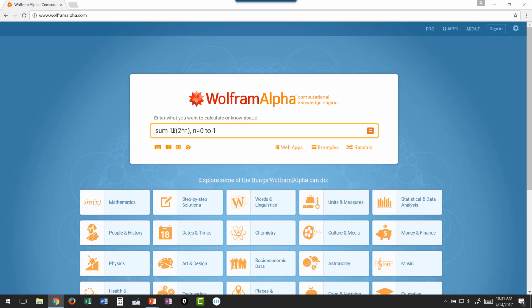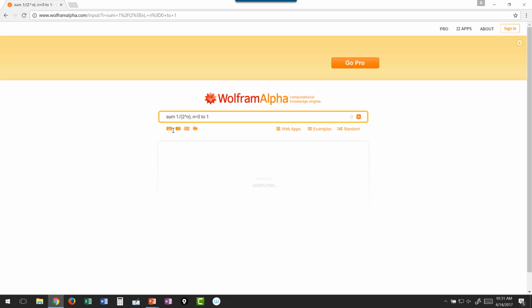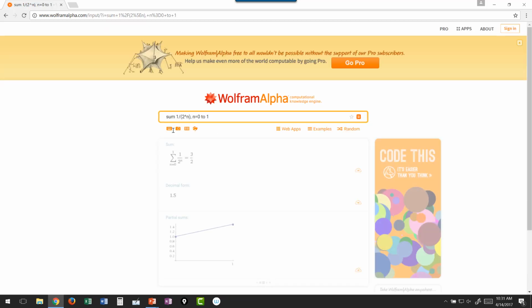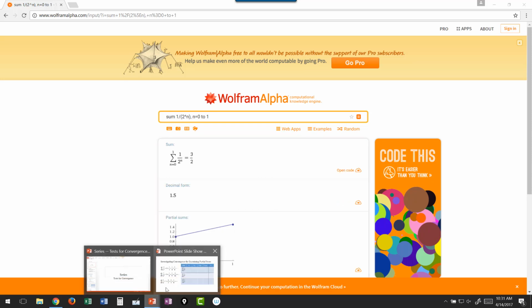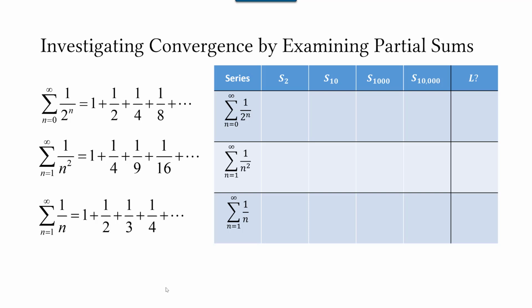So that's going to add up the first two terms. That gives me 3/2. So I'm going to go back to my PowerPoint and write in the value for S2. About 3/2 or 1.5.